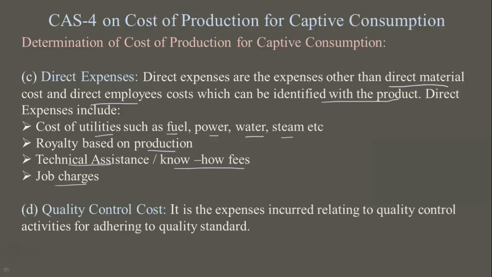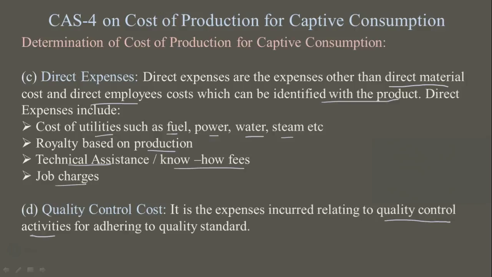More simple. Then there is quality control cost. So what is quality control cost, guys? It is the expenses incurred relating to quality control activities. We have to control the quality. So why is there a need to control our quality? Definitely the market is so competitive.